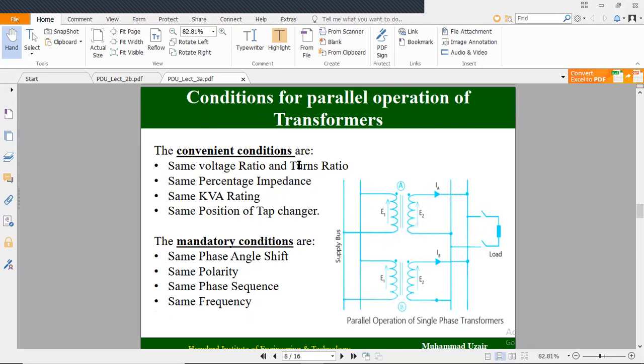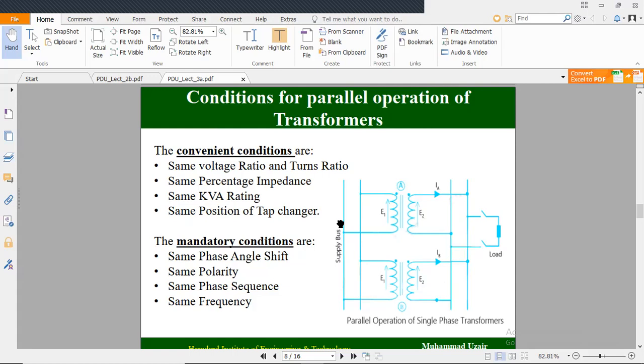The conditions are the same voltage ratio and turns ratio. The turns ratio should be the same for parallel operation. Same percentage impedance: the impedance of both transformers should be the same, then they would perform parallel operation.